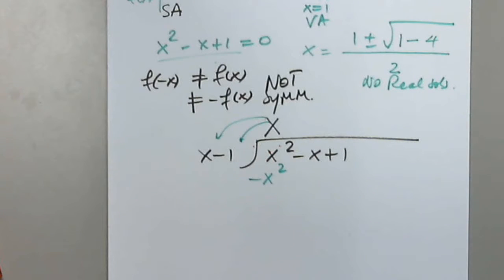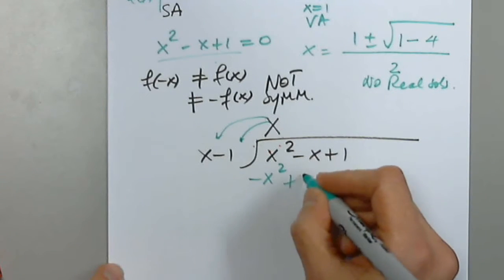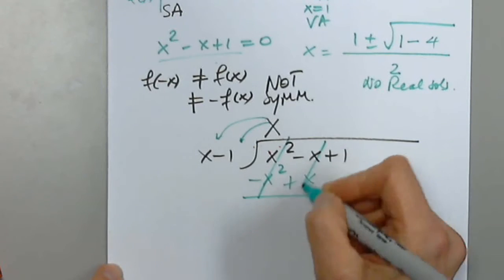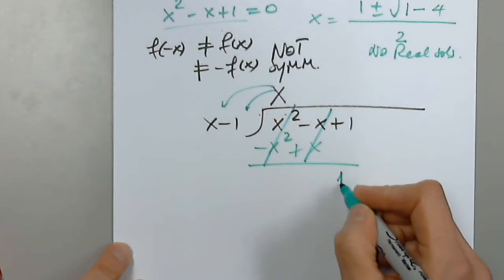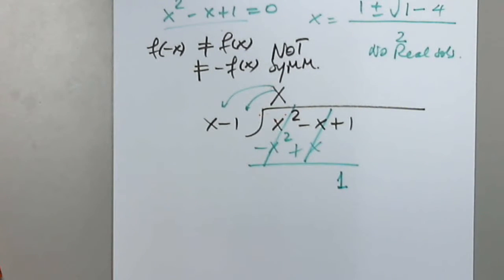X times negative 1. Now I have to lie. And bring down the next in line. I cannot continue. So, what are you talking about lying?